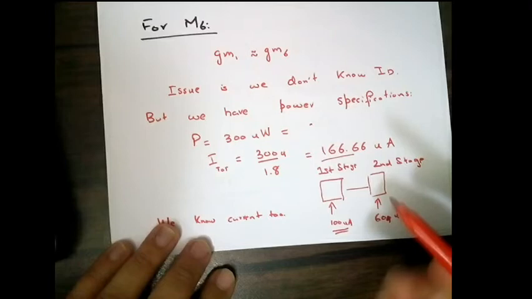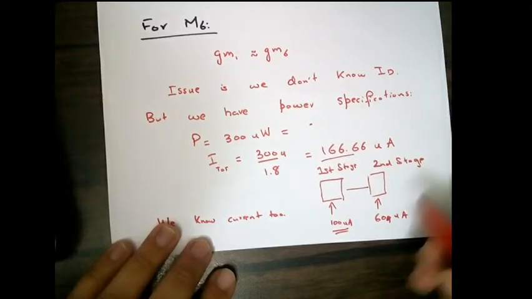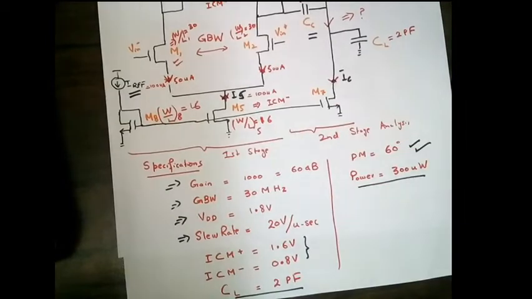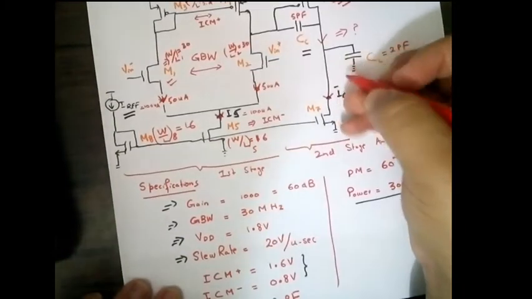So we can utilize 60 microamps on the safer side, because we should be less than this number. So 60 microamps should be utilized in the second stage, or we can safely write that 60 microamps is going to be utilized by this node.